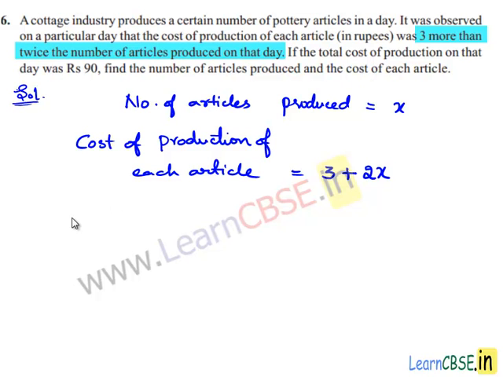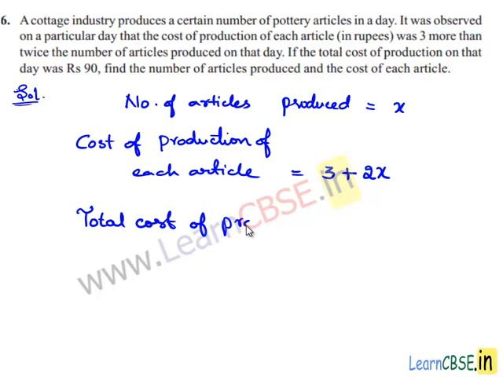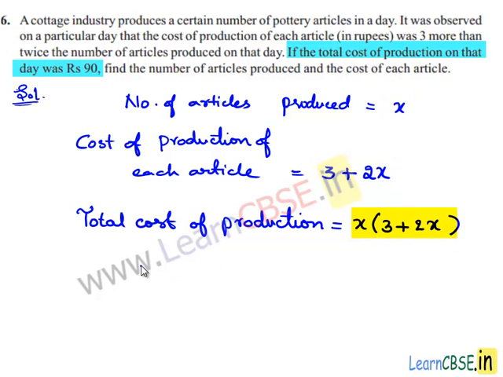Now the total cost of production, so total cost of production can be written as number of articles produced multiplied by cost of production of each article, which is x multiplied by (3 plus 2x). According to the given problem, total cost of production is given as 90 rupees.